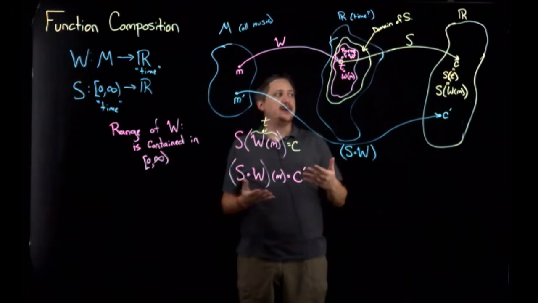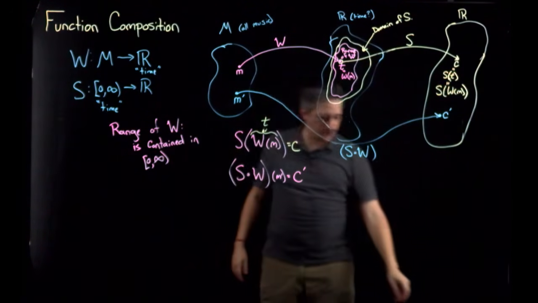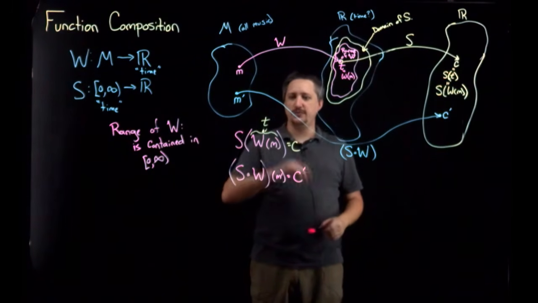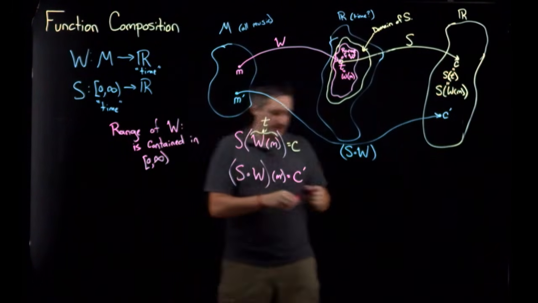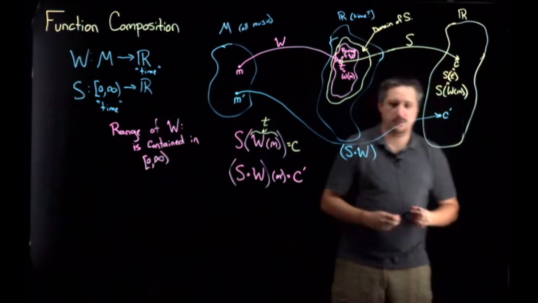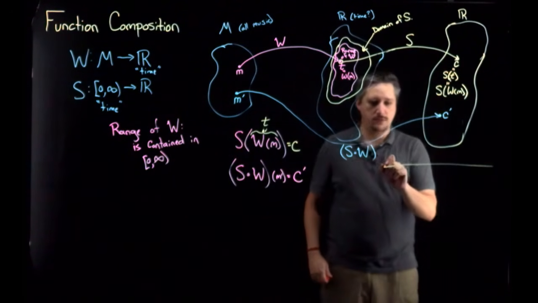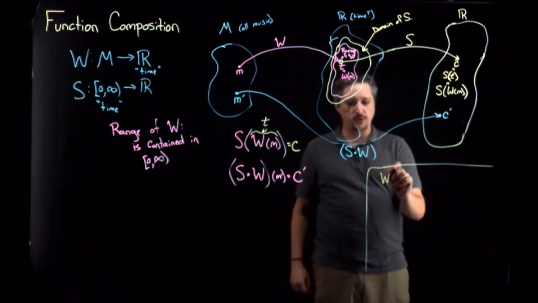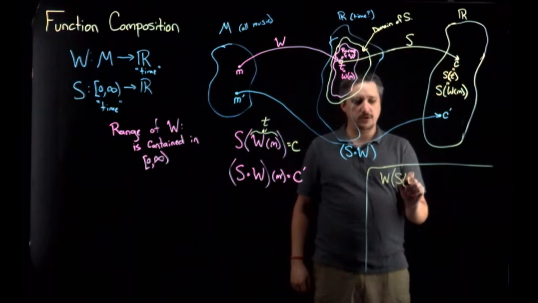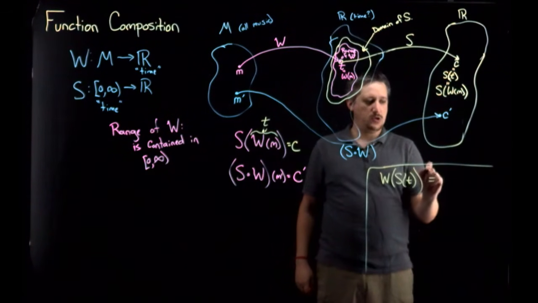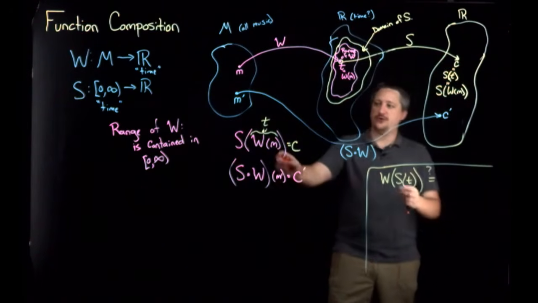If I tried to go the other way, instead of S of W, S applied to W of M, if I tried instead, maybe writing it over here in a different color, W of S of T, right, I'm reversing the role.